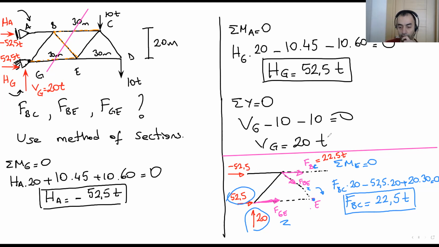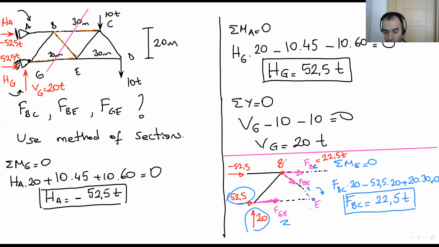Now we need to find another easy point. Let me see. For example, we can write the moment around this point, the point B. Because if we write the moment according to point B, as you can see, FBC and FBE will be 0.